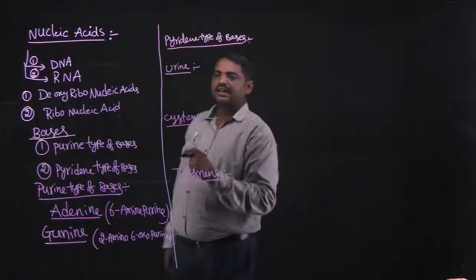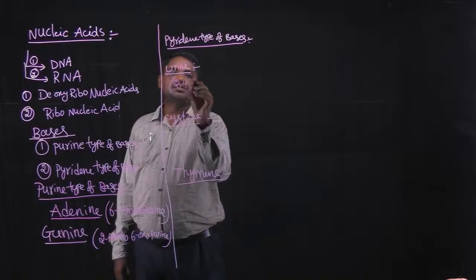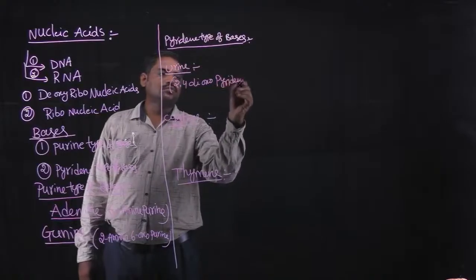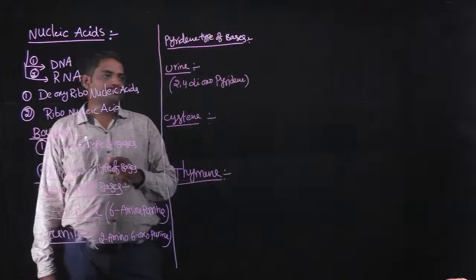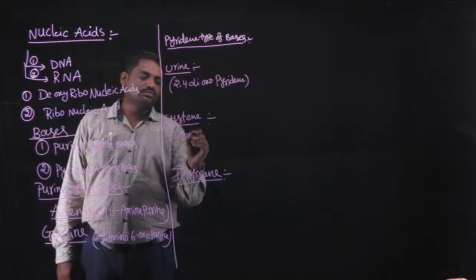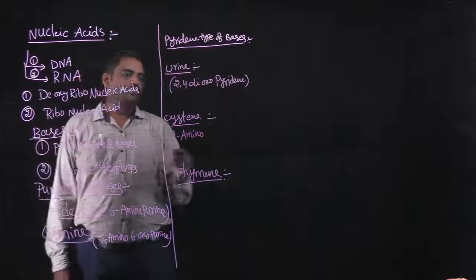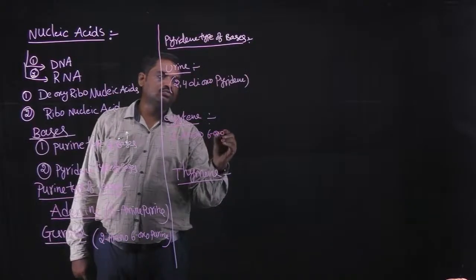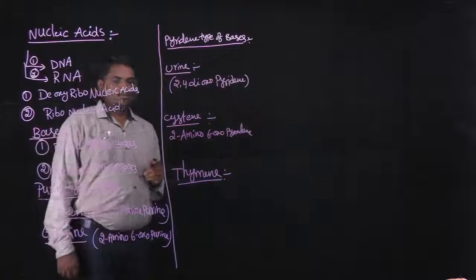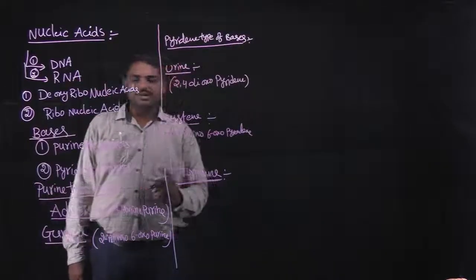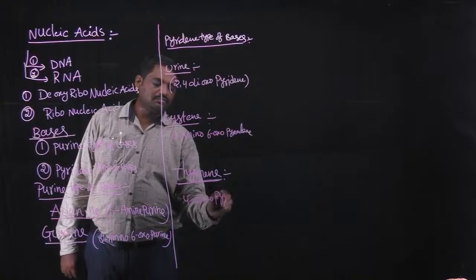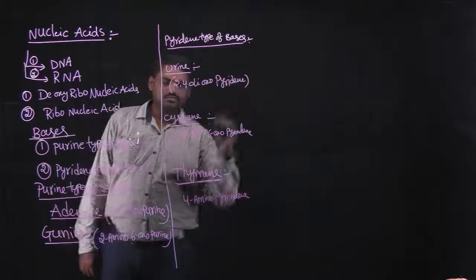The uracil chemical name is 2,4-dioxopyrimidine. Next, cytosine is 2-amino 6-oxopyrimidine, and thymine chemical name is 4-amino pyrimidine.